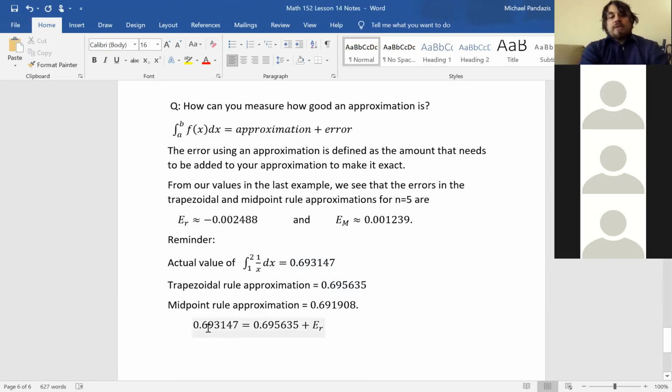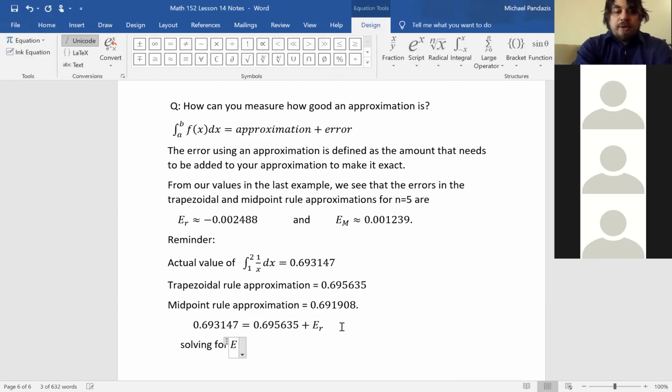You have that the actual value of that integral is equal to the trapezoidal rule approximation plus whatever the error is for that approximation. And then solving for E sub T, it's approximately that.